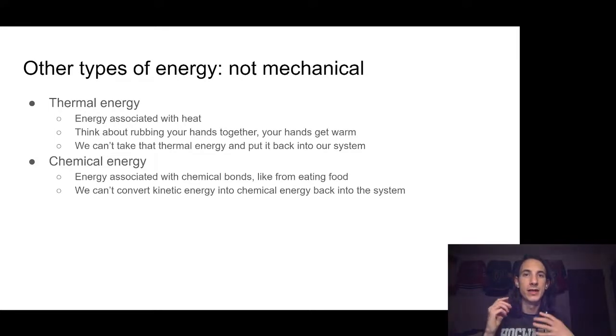We can't say, okay, you're hungry, you used all your energy, go run around, you're going to get kinetic energy, and then you can transfer that back to chemical energy. That doesn't make any sense. So we don't call this mechanical energy because we can't reverse it. We can't go from one form of energy back to chemical, just like with thermal. So these mechanical types of energy can be transformed from one type to the other, we can use it, we can get it back. We differentiate these because the others are not as usable.